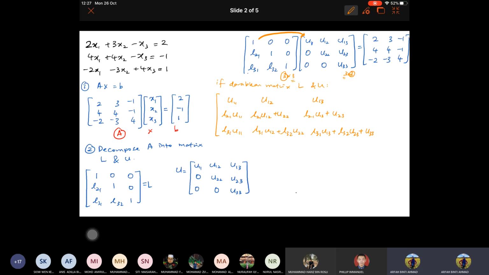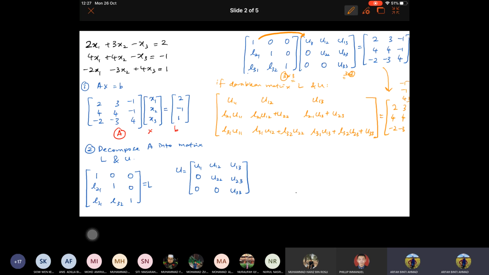Okay. So yang ini adalah matrik hasil darab awak. So dia akan sama dengan 2, 4, negatif 2, 3, 4, negatif 3, negatif 1, negatif 1, 4. Okay. So dia akan sama dengan answer matrix tu. Okay. Nampak, cuma saya tak cukup space.